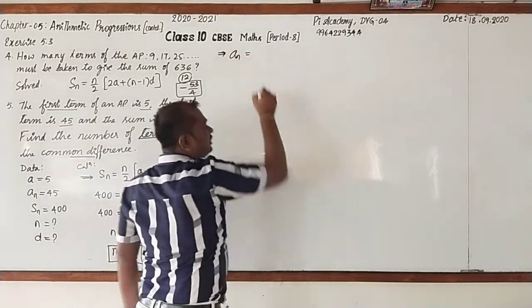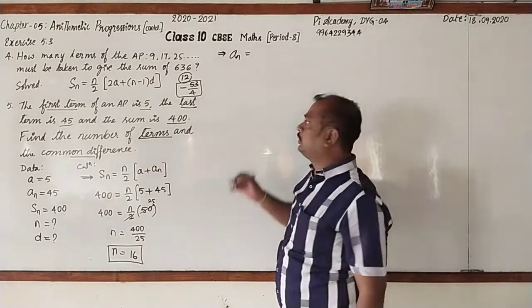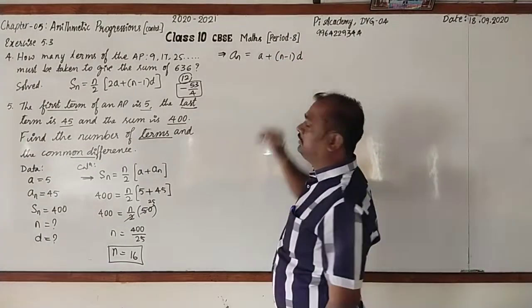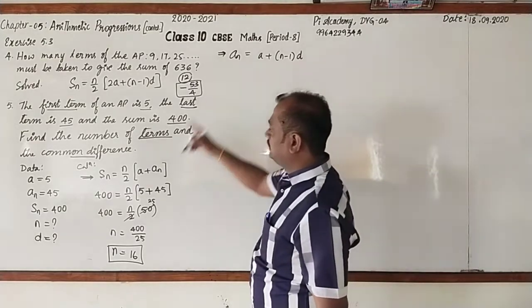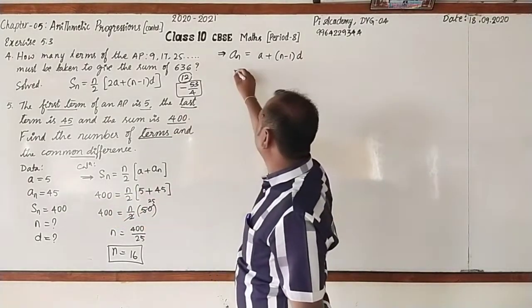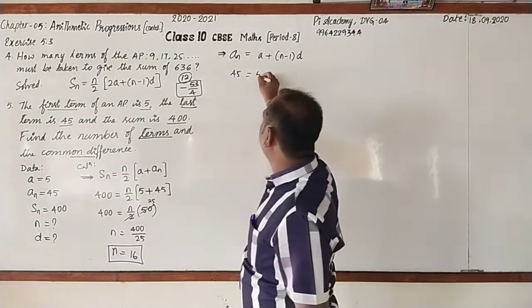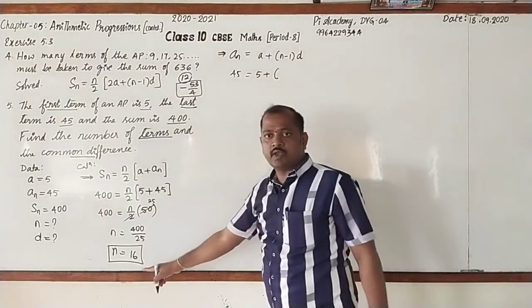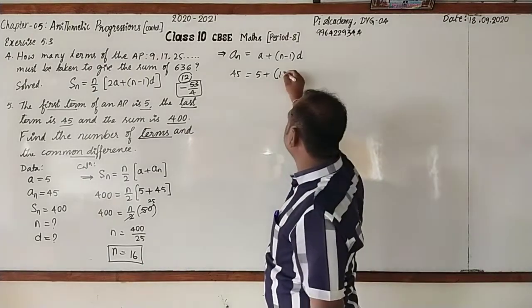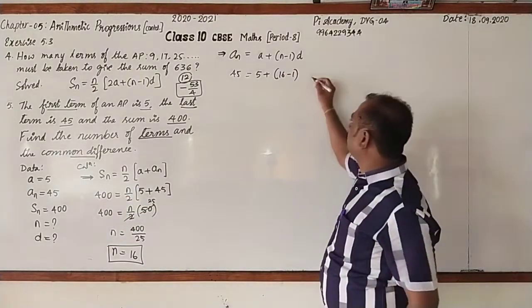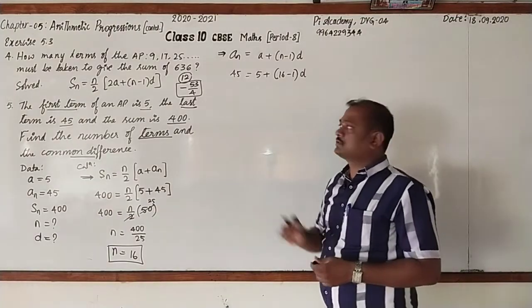Go on writing with me. an is equal to a plus of n minus 1 into d, where an is 45, a is 5 plus of n, just we have found out it is 16 minus 1 into d, it is the unknown term. Let us write this as it is.